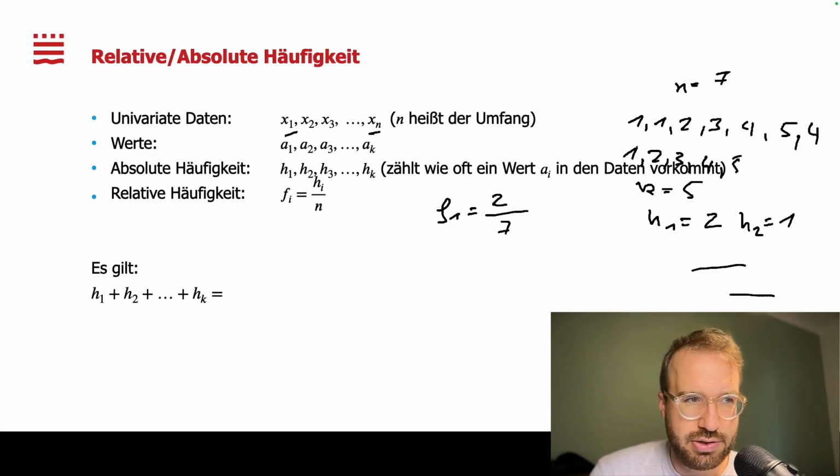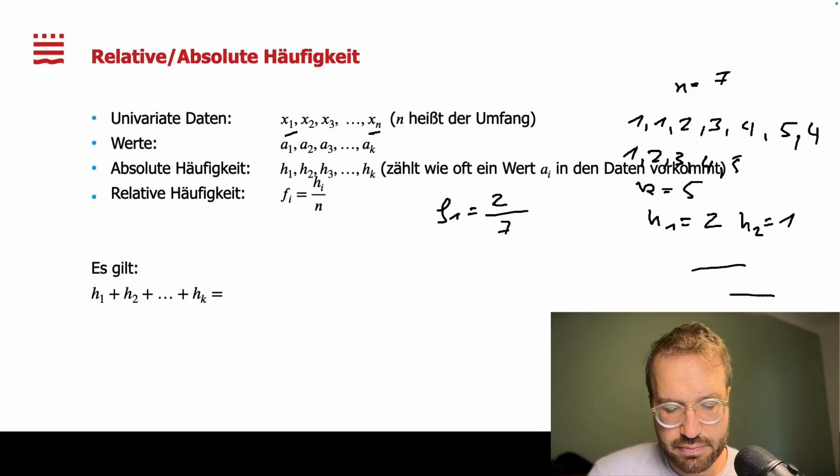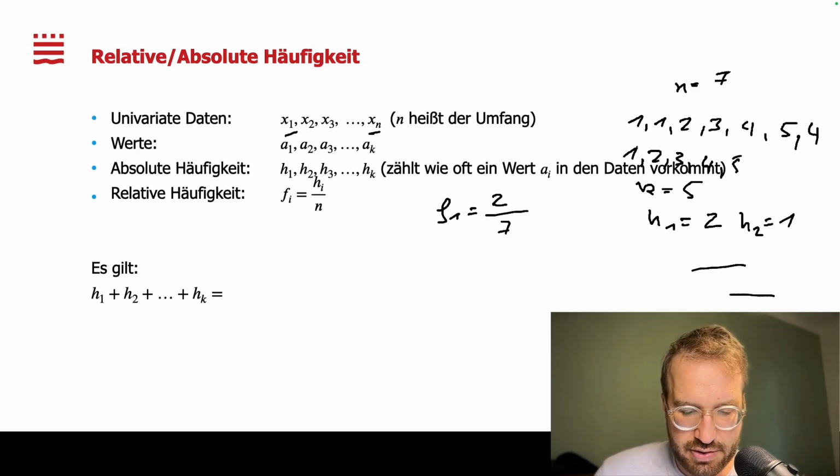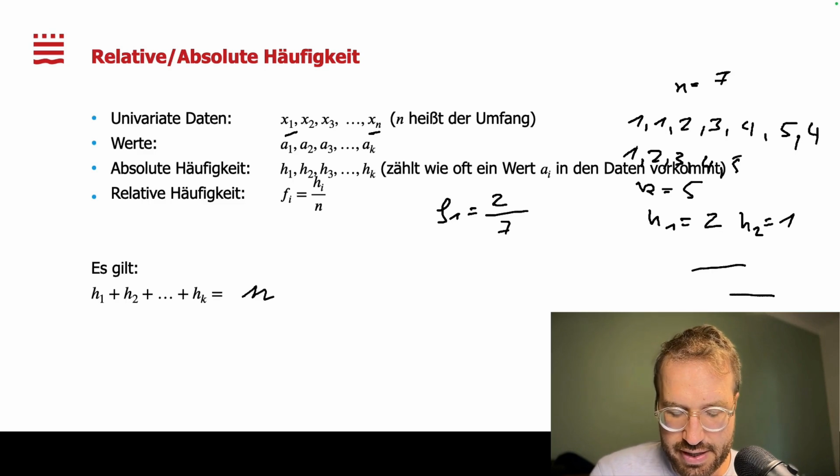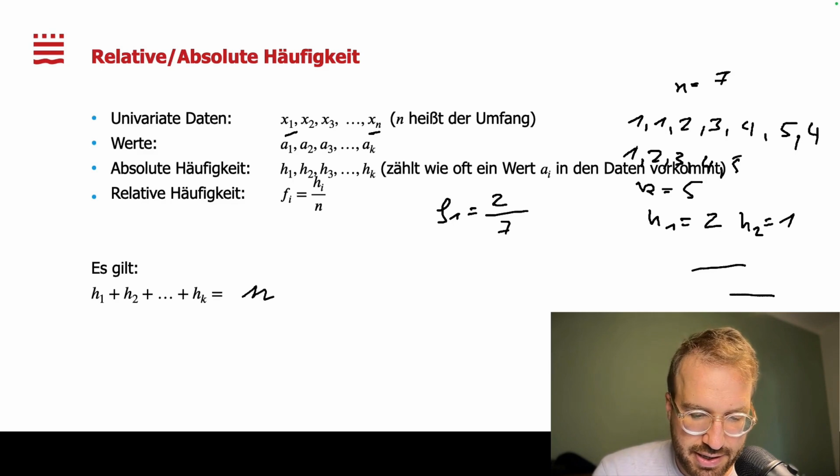It is best to pause the video briefly. And if you haven't paused it, or if you have already figured it out, then you will see in a moment that the sum of the absolute frequencies is, of course, the size n. Yes, so when we count how often each value occurs, we get all the data counted once in total.